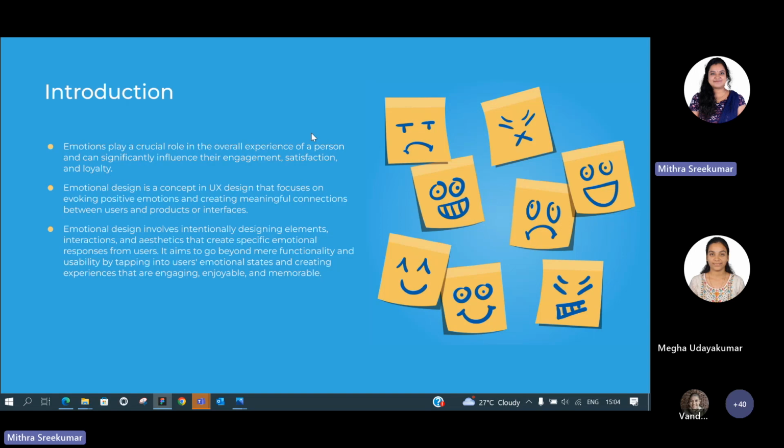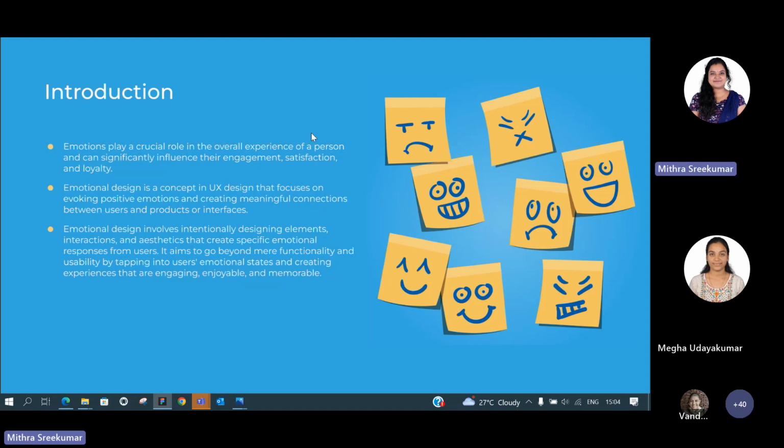And these emotions influence how a person interacts, engages, or gives loyalty to something. In the case of an application or website, this makes sense. When a person has positive interactions or positive emotions, then that person is having a better experience.